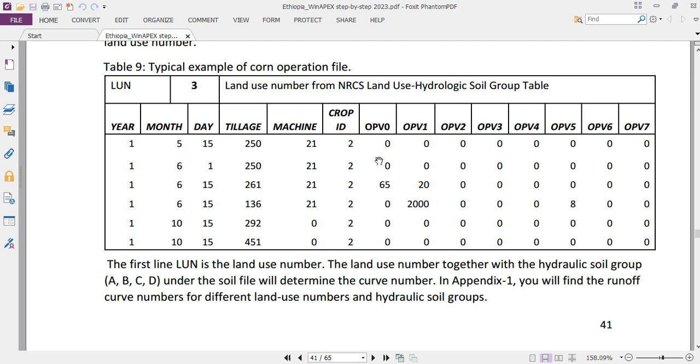So my comment on this is we have different PHUs for the different seasons. For example, you plant in June and harvest in September, so you use the plantation date of June and harvest in September, and you give one PHU. Your operation file will continue after September, and then you use September as a plantation date, and the next harvest, the irrigation harvest, is used to calculate another PHU.